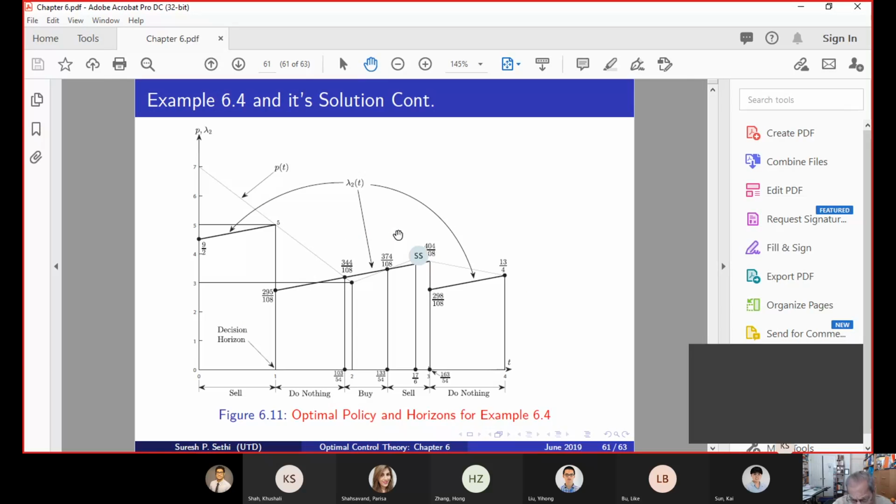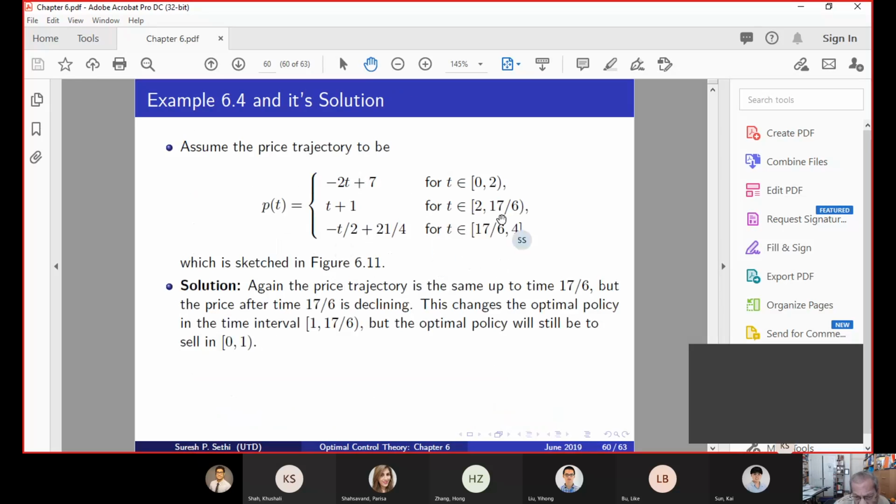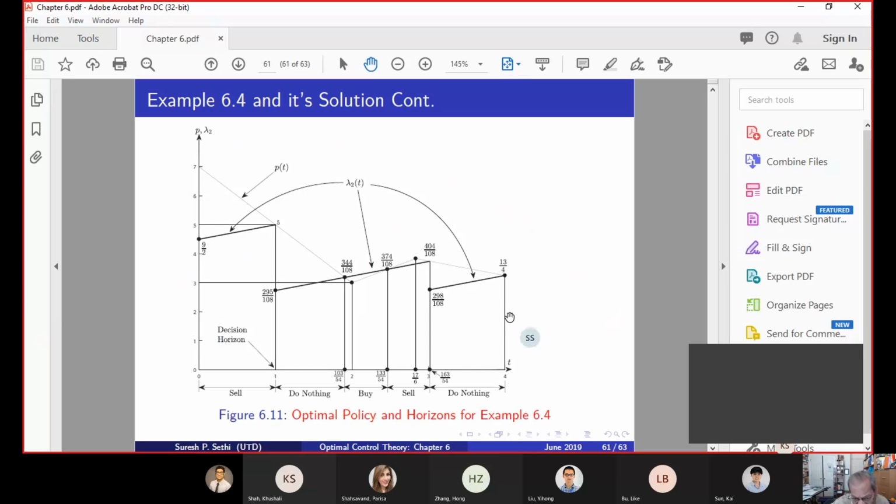So here's what happens. If I have a price trajectory which is given by this formula, then I actually have a price trajectory which goes like this, goes like this, goes like this. And if you were to solve this problem going this way, you will find that at some point you will see that what I need is something somewhat different because things are changing here.